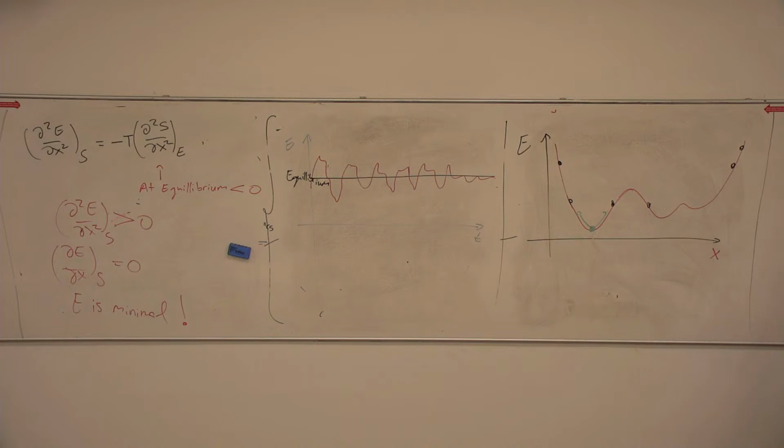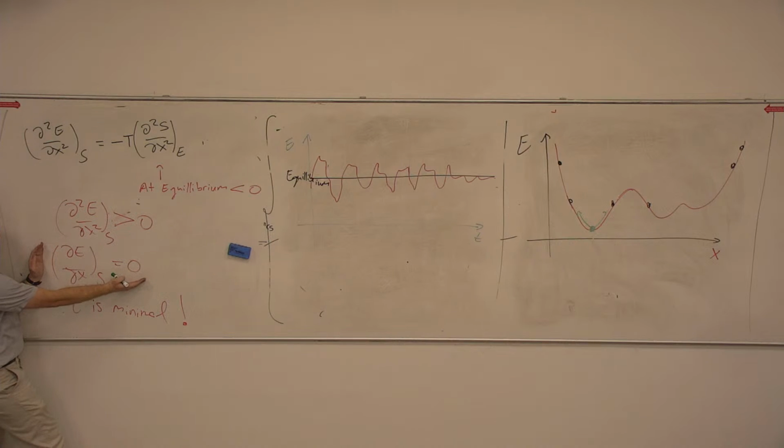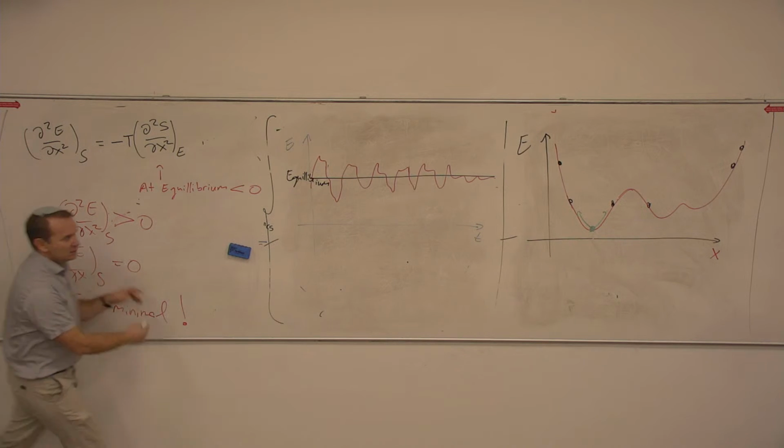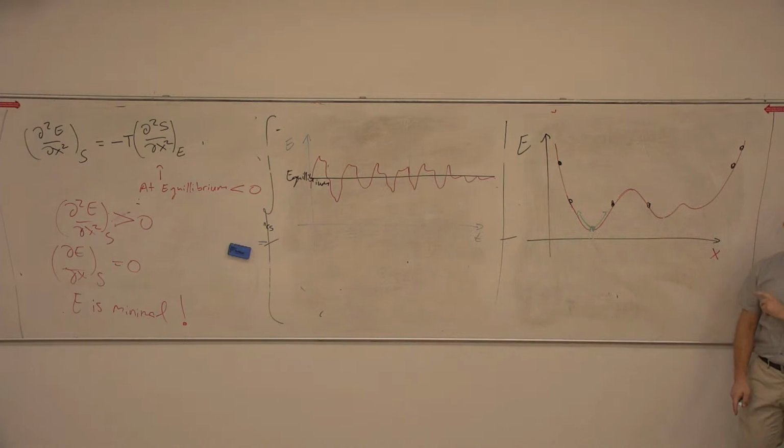Yes. But there is also another minimum of energy in this state. Great. You are absolutely right. I haven't proved it. So this is a property of a local minimum, right? This is a local minimum, this is a local minimum, this is a local minimum.